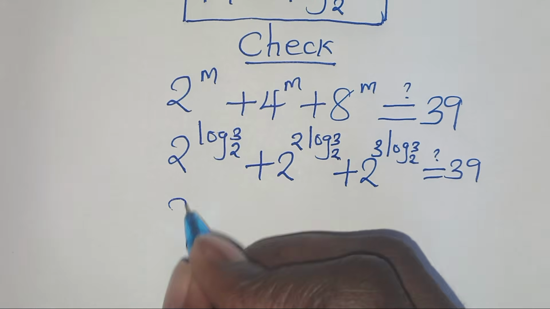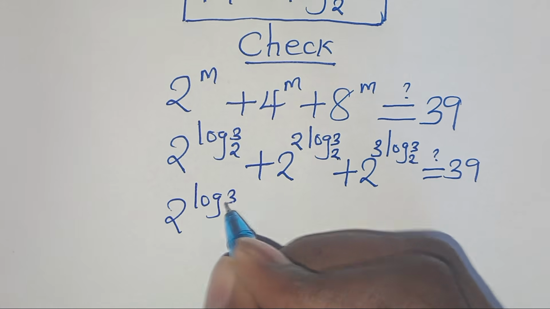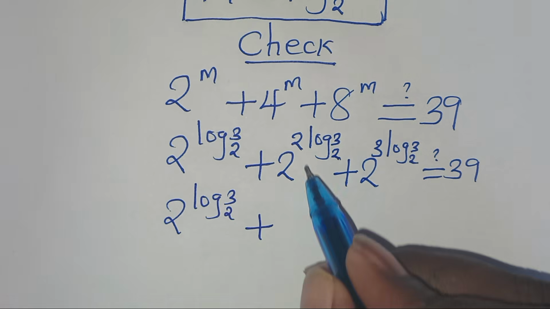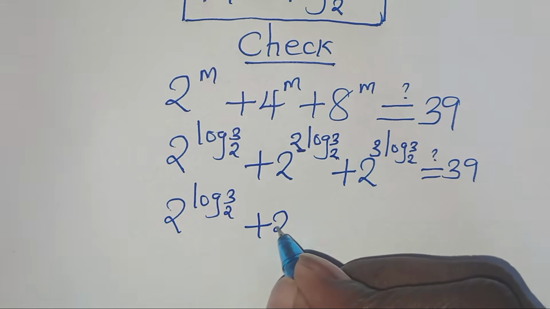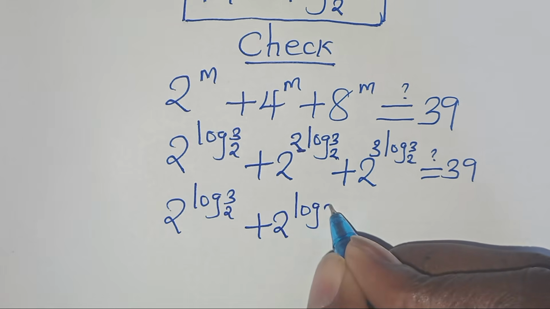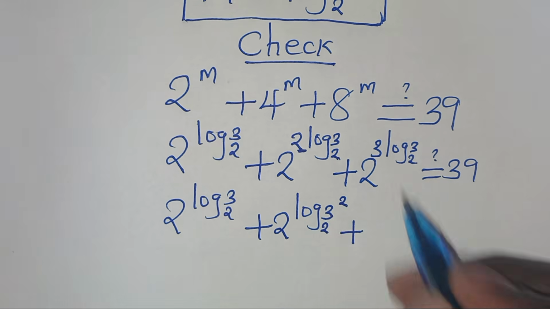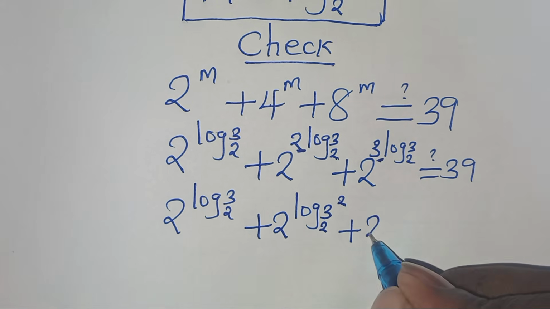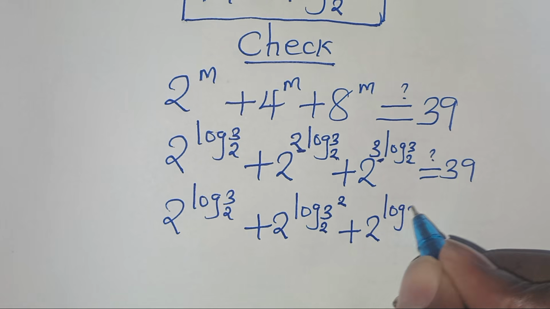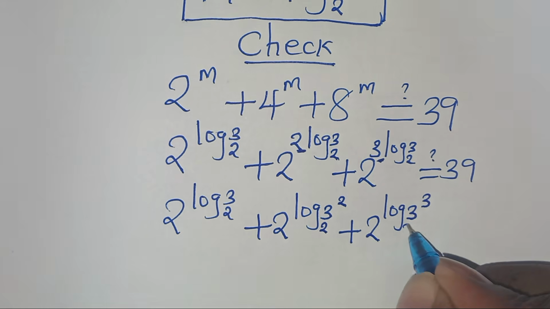Now this is 2 raised to the power of log 3 to base 2, then plus, now 2 is a power here, we can express this as 2 to the power of log 3 squared to base 2, then plus 3 is a power, so we can express this as 2 raised to the power of log 3 to the power of 3 to base 2.